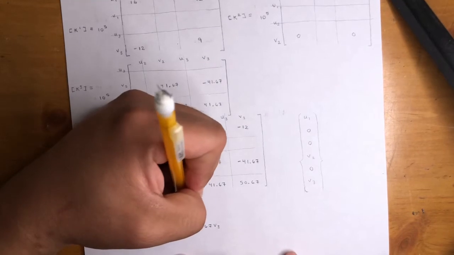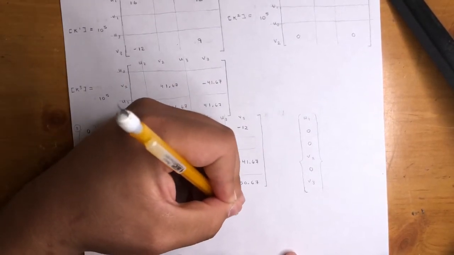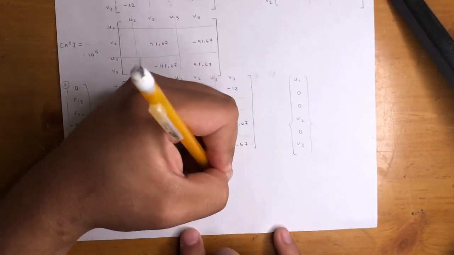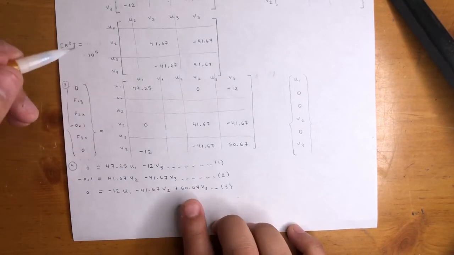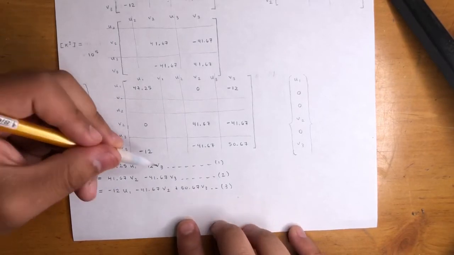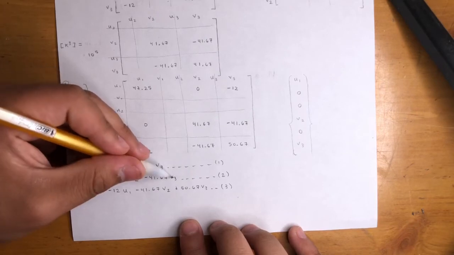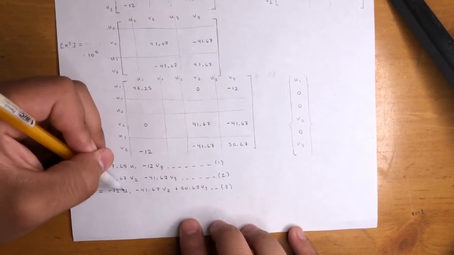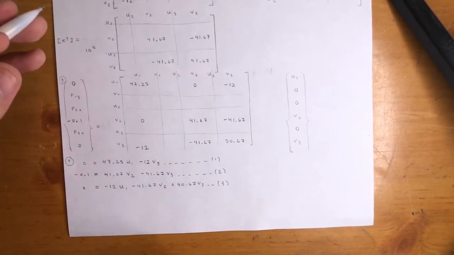Now, this is what I'm going to do. I got 3 equations, 3 unknowns. There's the first equation, second, let me move up the paper in case you can't see, and third. I'm not going to stay away from the third equation because that has the most unknowns, but look, if I get u1 in terms of v3 and v2 in terms of v3, I already got this in v3, so I could plug in u1 and v2, and I'll have everything in terms of v3, and I could solve for v3.